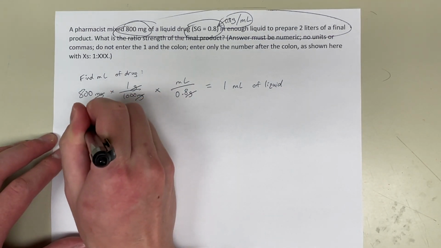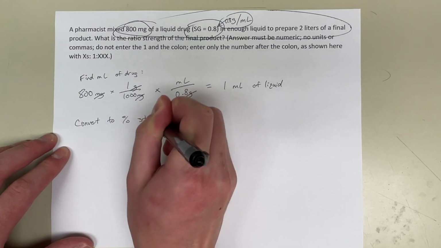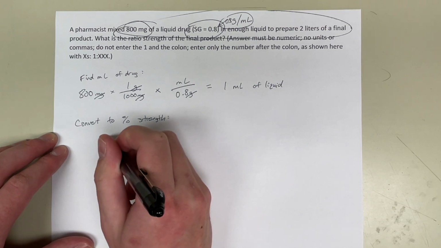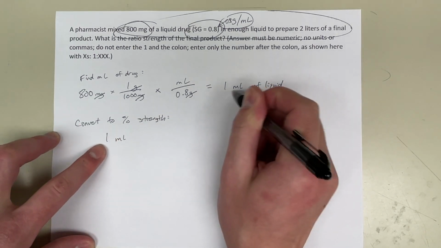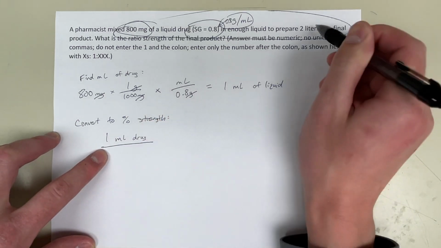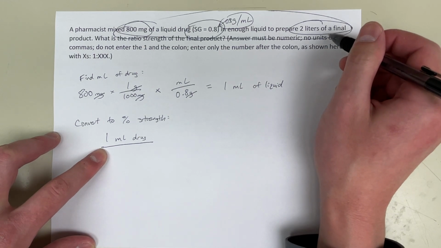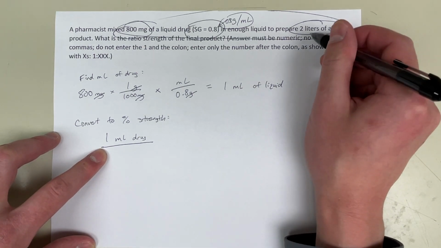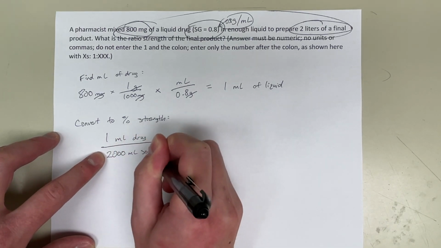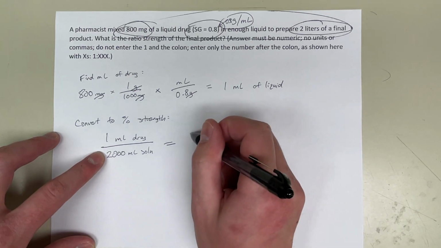So next I'm going to convert to percent strength. So percent strength, first I'm going to have this 1 milliliter that I just calculated of the drug over 2 liters of the solution, of the final solution. 2 liters is also the same thing as 2,000 milliliters. And I'm going to force set that equal to my percent strength.